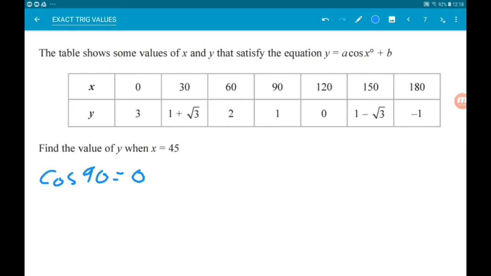Now we also know here that when x is 90, y is equal to 1.